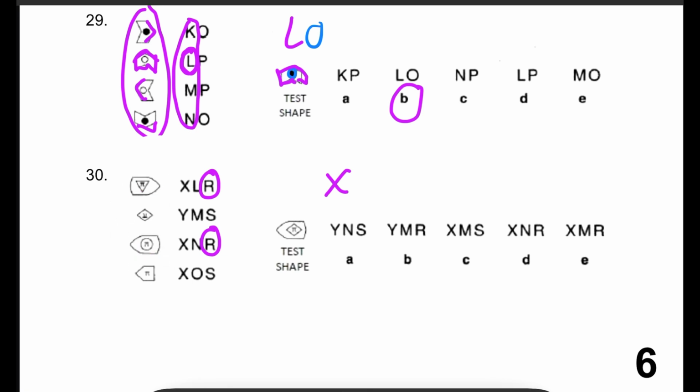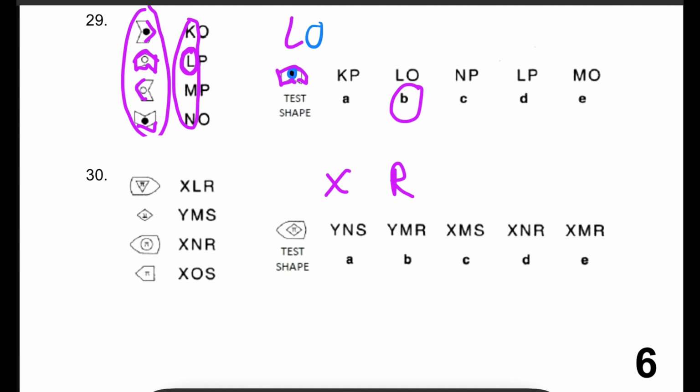Whereas the ones with the S as a third letter, they've only got one shape around the pie symbol. So in the test shape, we do have two shapes around the pie, same as these two. So the third letter will be an R.